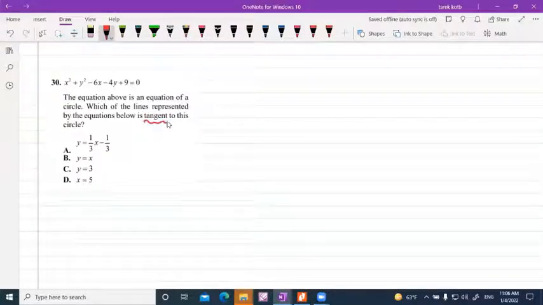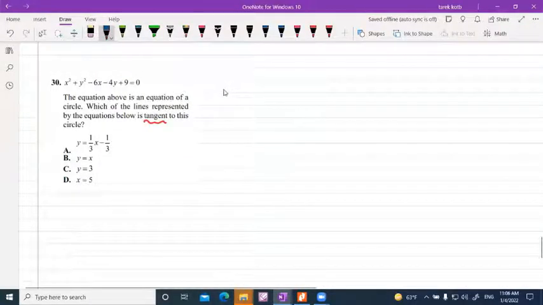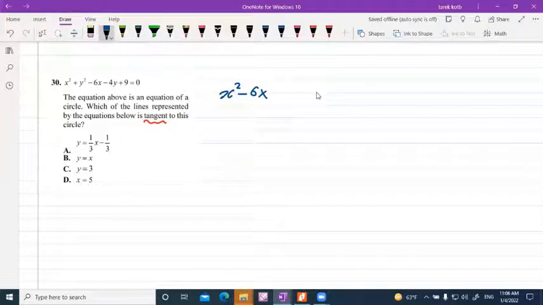First of all, you have to rearrange this equation to write it in the form of the equation of a circle. So keep x squared and get the negative 6x, and write the y squared minus 4y, and then take the negative 9 to the other side, and then try to complete this square and this square.